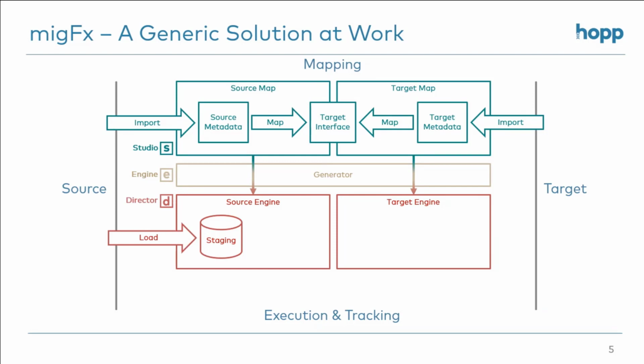So the data is loaded. We receive data from the source system in some form, right? We expect to receive them as files, and we will load them into the staging database. We can load CSV files, Excel files, XML files, whatever. And you can also extend this so you can load formats that we don't know about yet, or you can extend it so you can connect to a source database and pull the data.